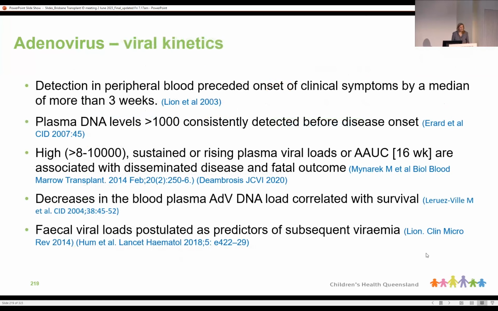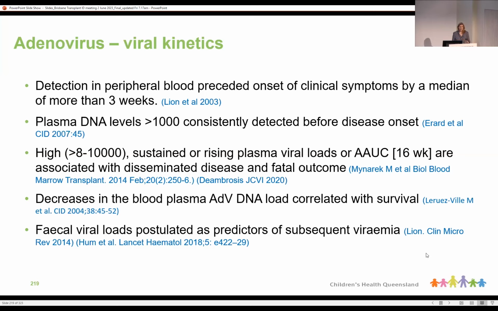And I mentioned that viral kinetics are important, and there's quite a lot of case series and studies looking at how virus quantitation and the quantitation over time. So you can often detect viremia before you detect symptoms. This is in historic studies, before active intervention was started quickly.